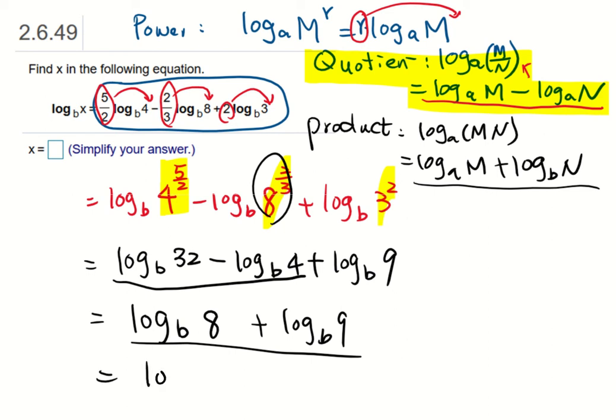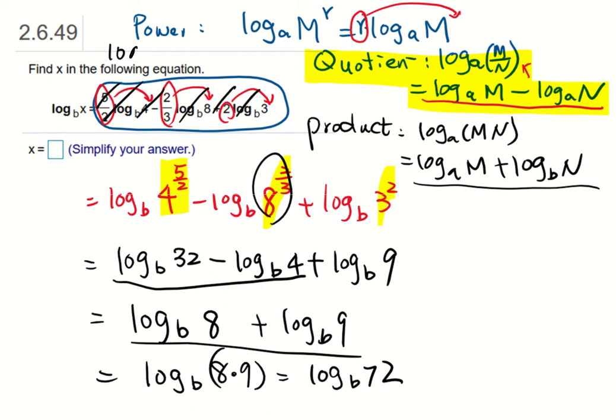So this will turn into log with base b of 8 times 9, which is log with base b of 72. Alright, so since this whole right side becomes log with base b of 72, that means that x must be equal to 72. So the answer is 72 here.